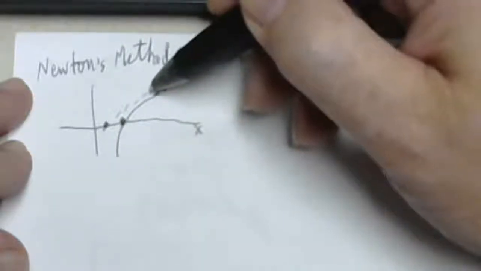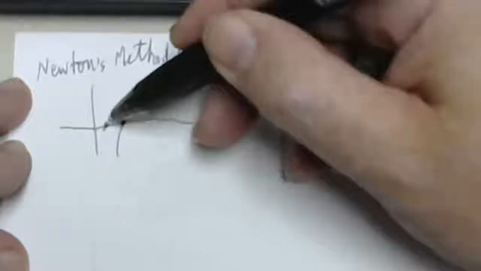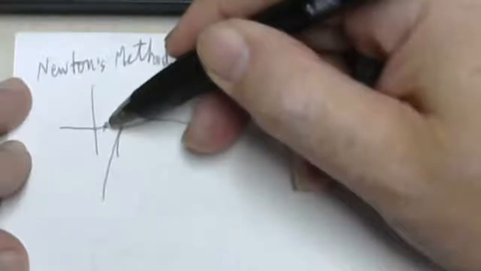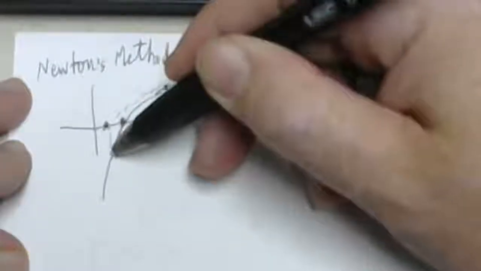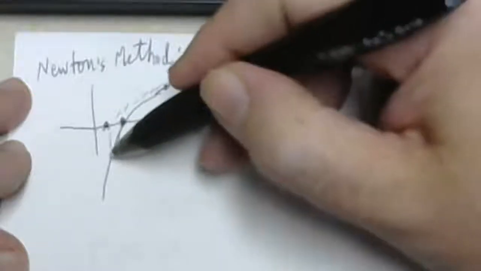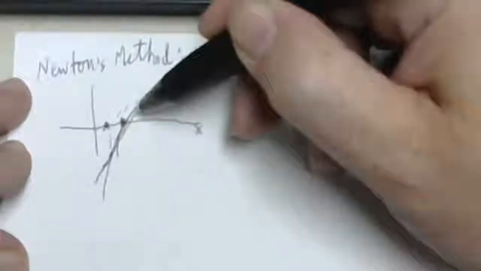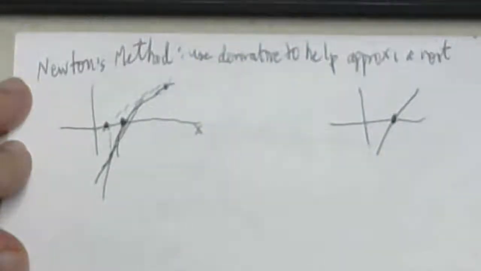But then the trick is to use this as an approximation. That'll make another straight line here, which will again be a little bit off. So it's a little bit off all the time, but if we keep going, we're hoping that it'll end up on that point.